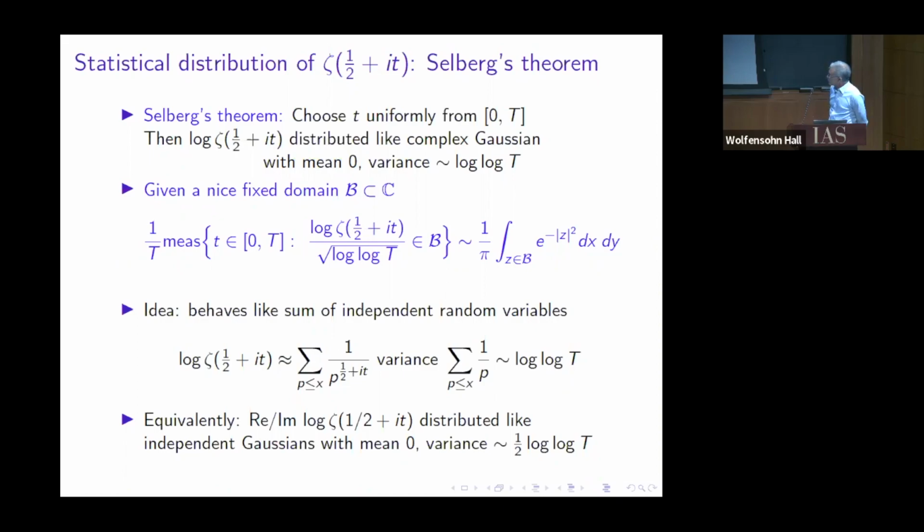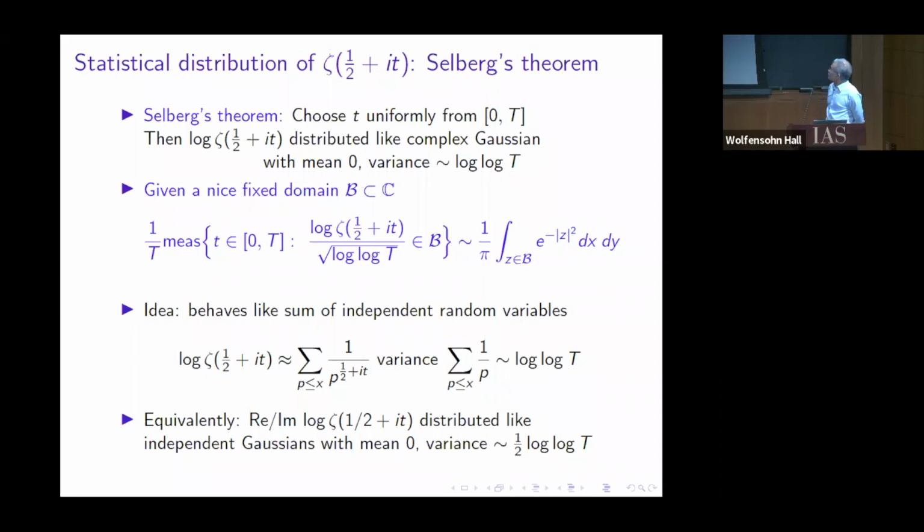And the different primes p will behave like independent random variables. So it begins to look like a sum of independent random variables. And because the variance is the sum of 1 over p, because this variance grows, that's why you get a Gaussian distribution here, unlike the other cases where the variance doesn't grow and you get whatever crazy distribution that they have.